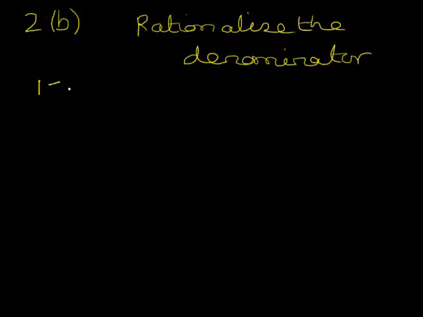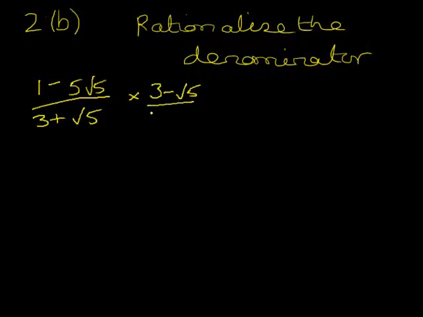There's a simple rule for doing this. And the rule is multiply the top and the bottom of the fraction by the bottom with the sign changed.